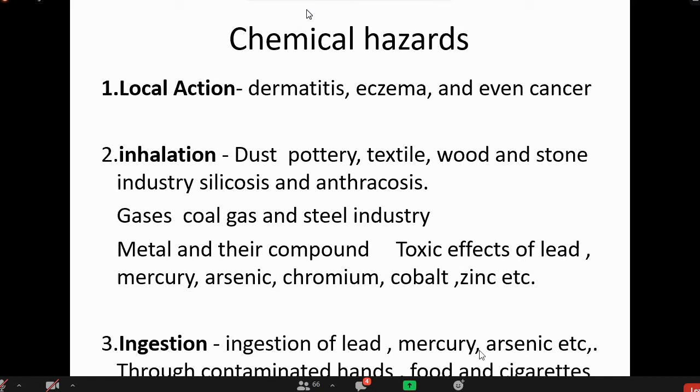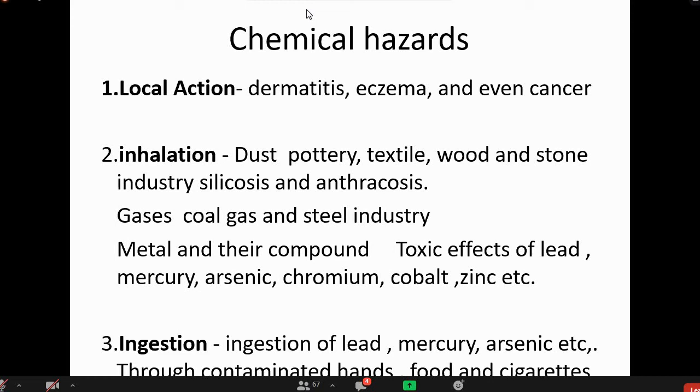And then we have ingestional, where we can have unfortunate ingestion of mercury. In Japan there was a major case of mercury poisoning.